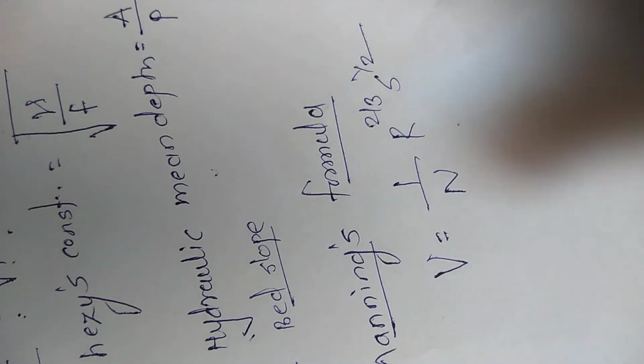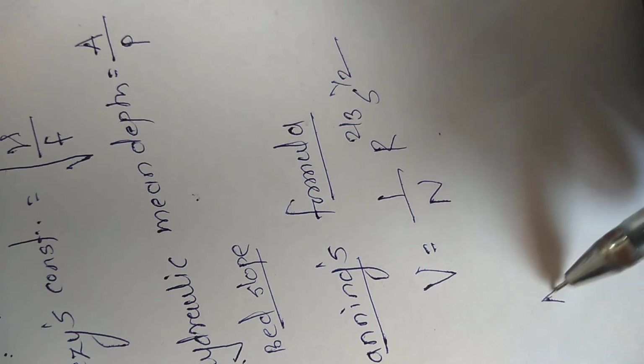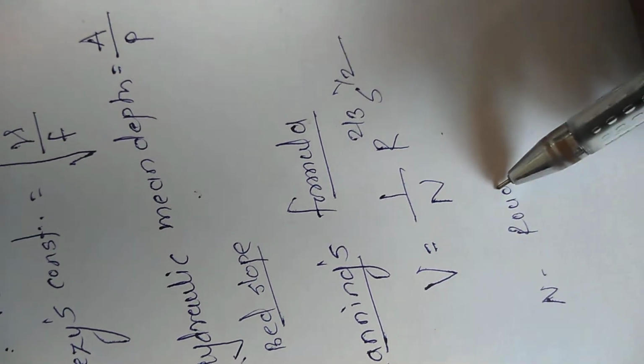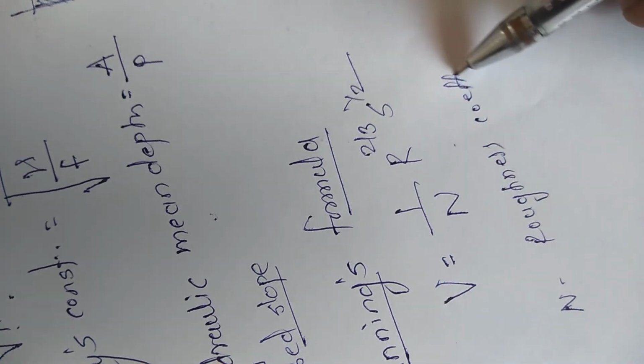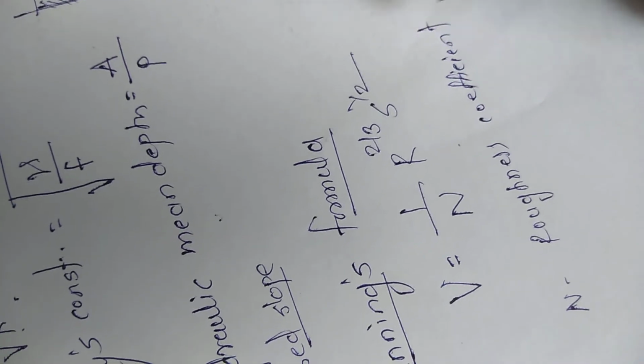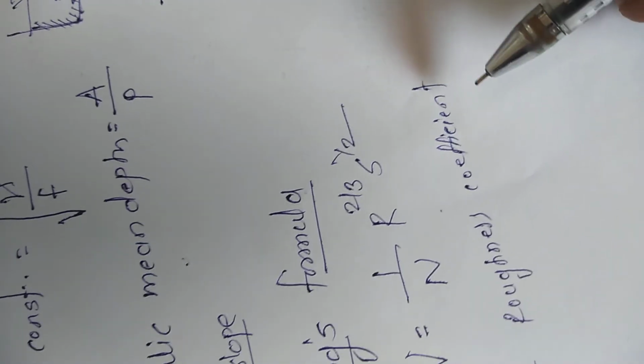In these parameters, n is the roughness coefficient, which depends on the different surfaces of the channel.